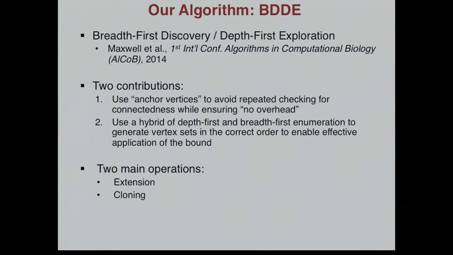But the two contributions of his algorithm were, first, the idea of using anchor vertices to simplify the problem, which I will explain, and second, using a hybrid of depth first and breadth first enumeration so that he can guarantee that we generate the subgraphs in the optimal order of enumeration without compromising any of the other constraints that we have. The two main operations in his algorithm are extension and cloning.